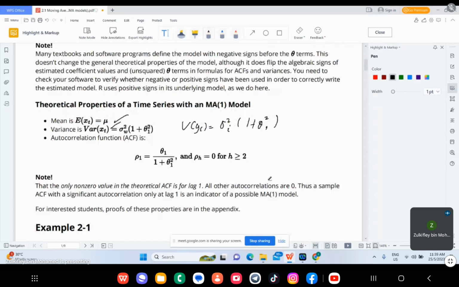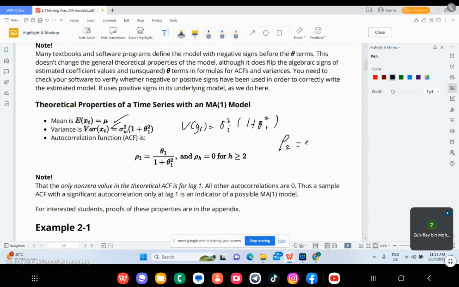And the autocorrelation function or the correlation is equal to rho 1 is equal to theta 1 over 1 plus theta 1 squared.